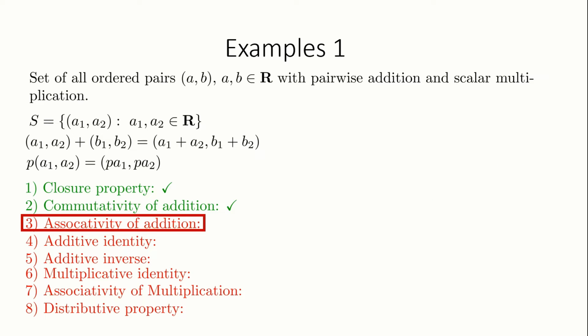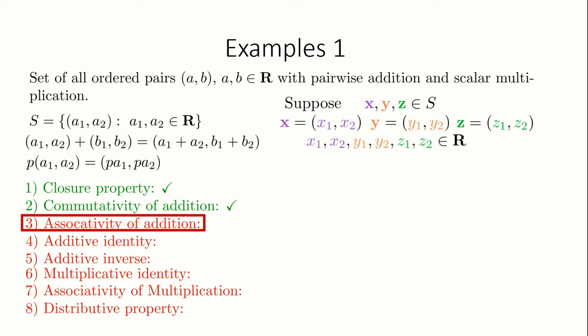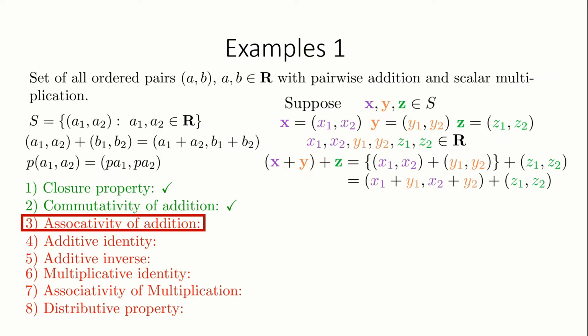Now we verify that vector addition is associative. Again, x, y, z are three elements of the set S, so these are ordered pairs of real numbers. I start by adding x, y, z in this order and will show that it is equal to x plus the addition of y and z. Add x and y together and add z.